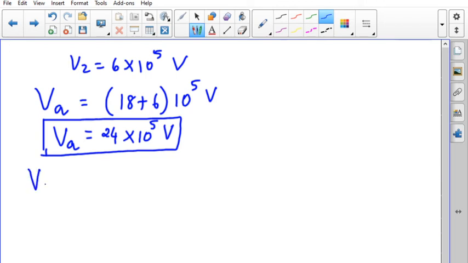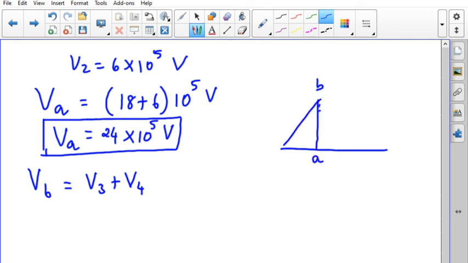So what is VB? VB is equal to V3 plus V4. That is in the diagram. This is A and this is B. So both these charges Q1 and Q2 have potential at the point B.